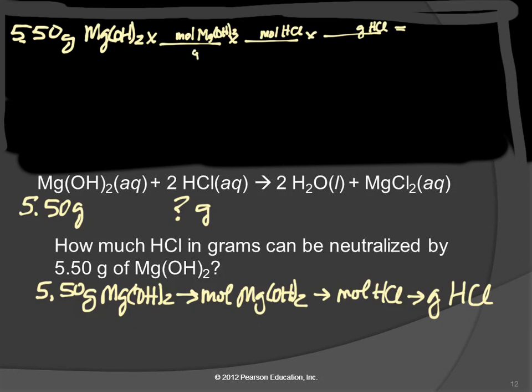So I'm going to have grams of magnesium hydroxide here, and moles down here, and moles of HCl down there. So these units cancel out. They're the same on top and the bottom.